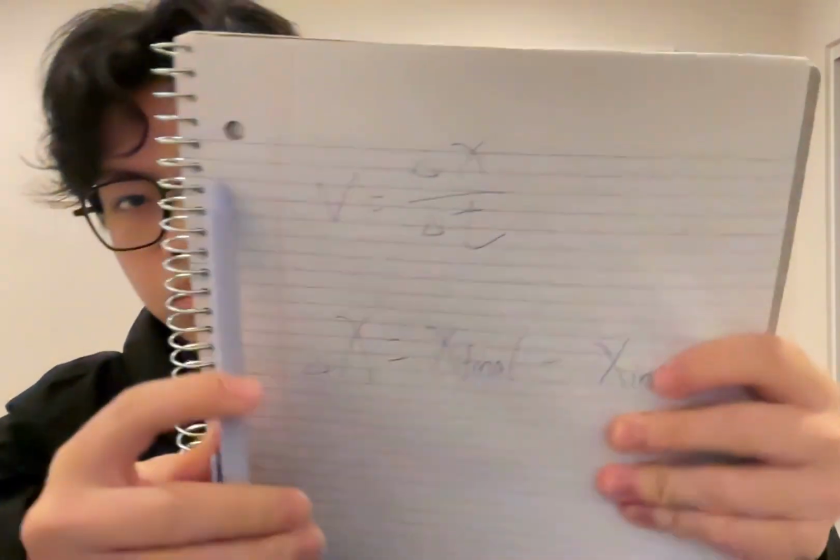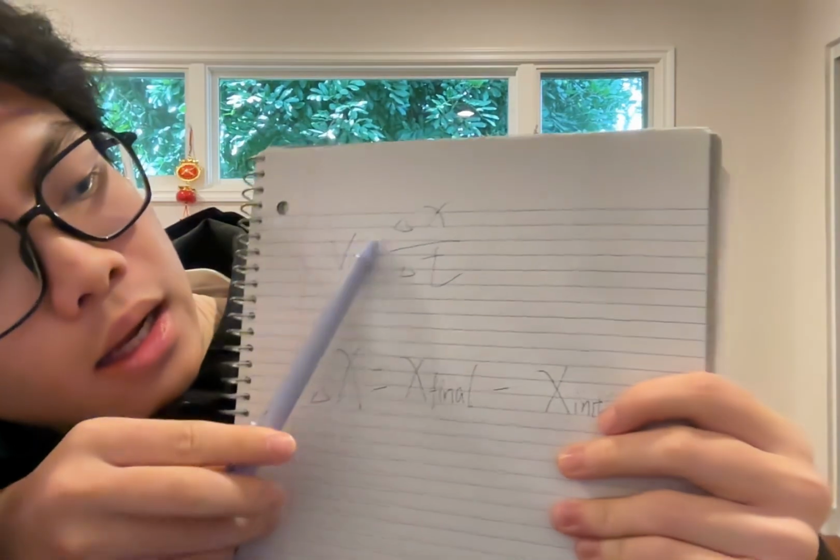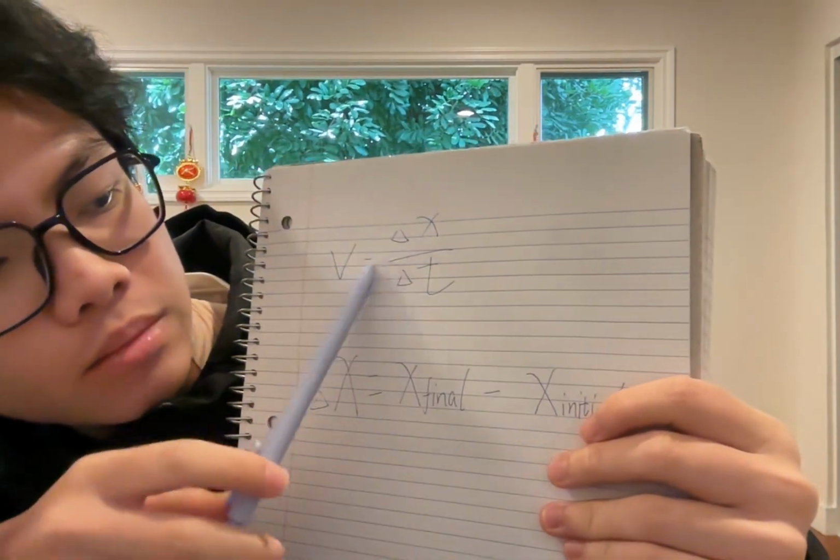Okay, let's talk about the formula for velocity. The formula for velocity is simply v equals delta x divided by delta t.